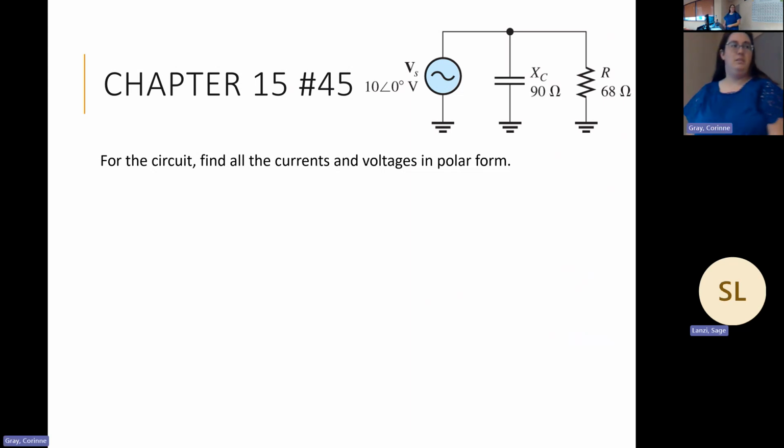Right, so what might we want to do to find the current values?